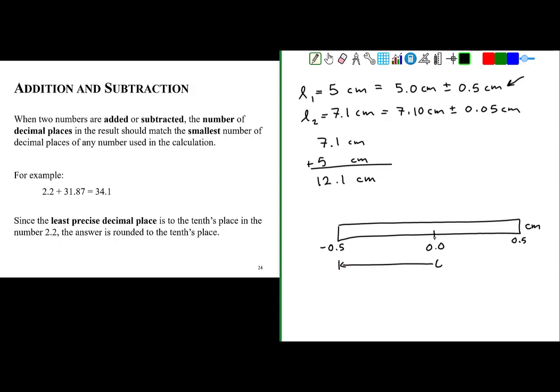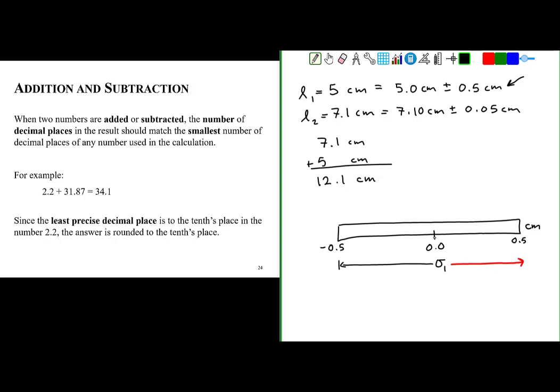The uncertainty in our first measurement is plus or minus 0.5 centimeters. So when we report our first measurement to be 5 centimeters, that means our true value is somewhere between 4.5 centimeters and 5.5 centimeters. We don't know if it's 4.7 centimeters or 5.3 centimeters. We just know it's somewhere in that range, and we have no idea about the tenths place really.